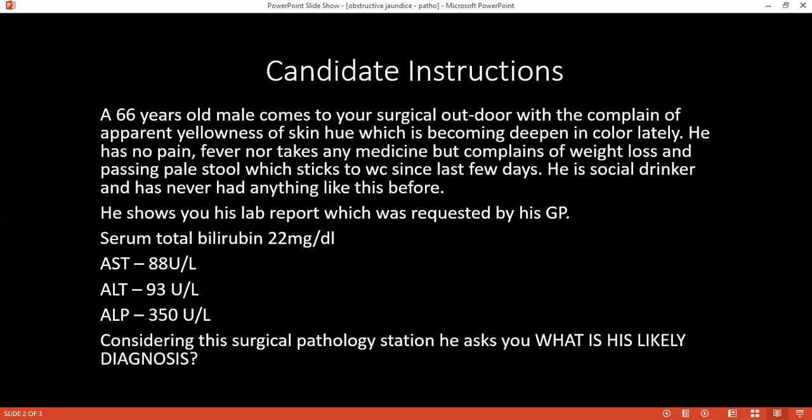You're right. And the enzyme lactate dehydrogenase, if it is increased, it is an indicator of severe inflammation.